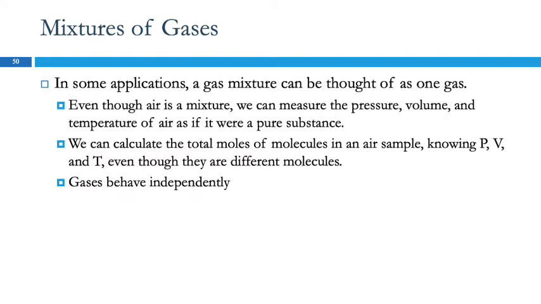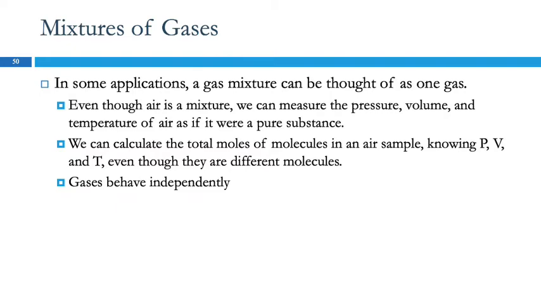So sometimes we can think of a gas mixture as just being a single gas. We can measure its pressure, volume, and temperature in the same way, but then when we calculate the moles, we're going to get the moles of all the gases added together. The gases, even if they're mixed up, are going to behave independently of each other.